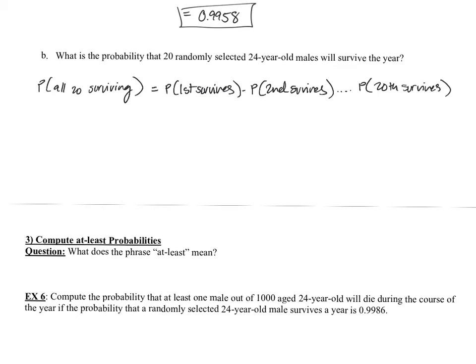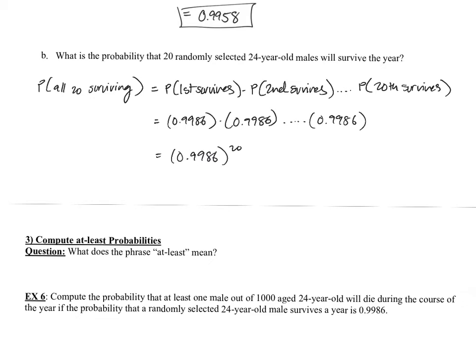So that means we have 0.9986 times 0.9986 all the way up until 0.9986. We have this number written out 20 times. Well, that's just the same as writing it 0.9986 to the 20th power.